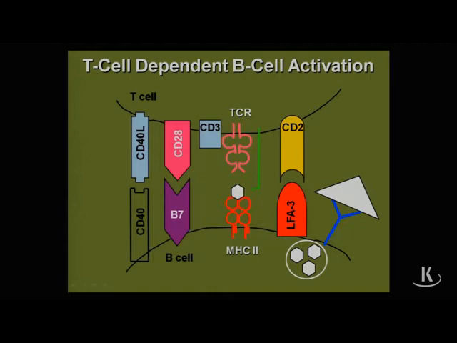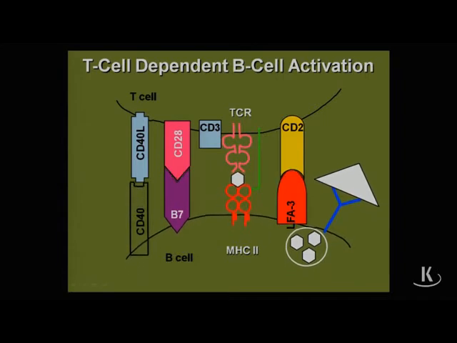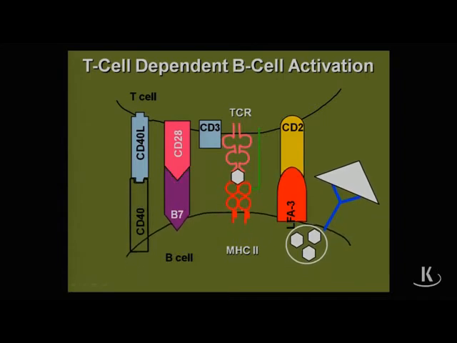And so now it will be presented on the surface of a class II MHC molecule. Now, the B cell and the T cell come together, and you can see all of those molecules we talked about. The first between the T cell receptor and the class II MHC and antigen. The second we talked about was the CD28-B7 interaction, and then the other interaction was CD40-CD40 ligand.